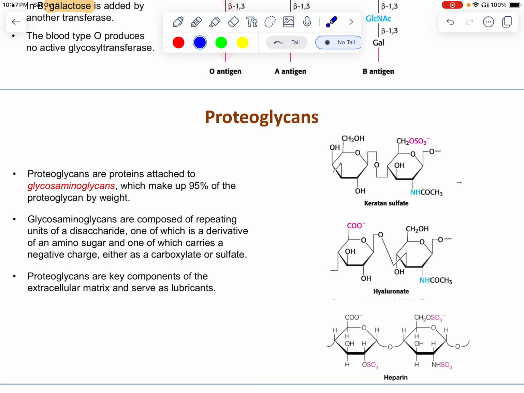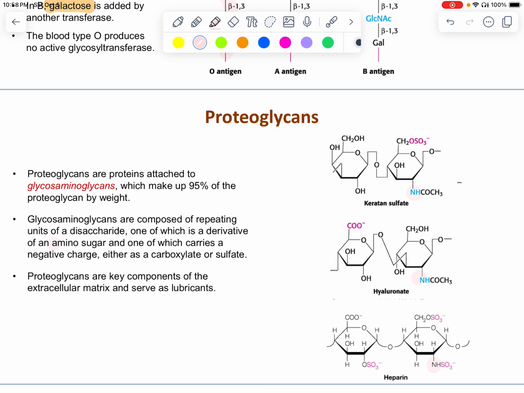So these glycosaminoglycans, big word, are composed of repeating units of a disaccharide. And it's a derivative of an amino sugar, so we can expect to see an amino group. Let's look for those. Right there, right there. Where is our amino? There we go, right there.